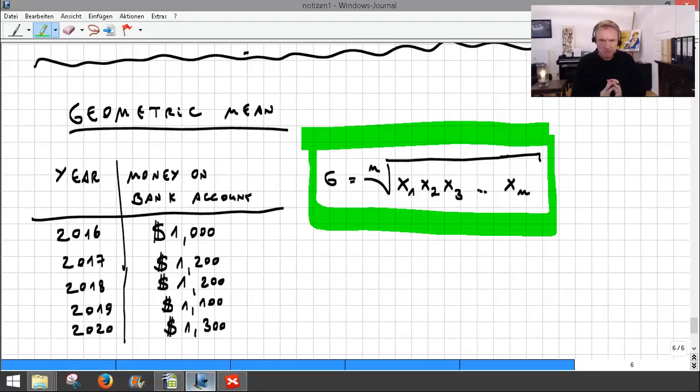Let's look at several years, 2016, 2017, and so on, and a certain amount of money on your bank account at the end of those years.